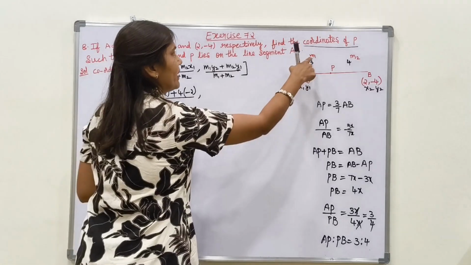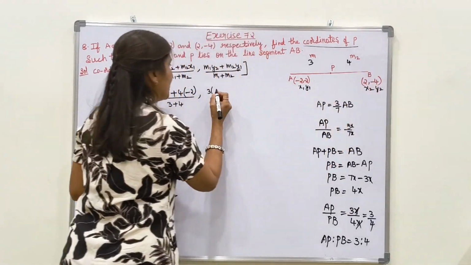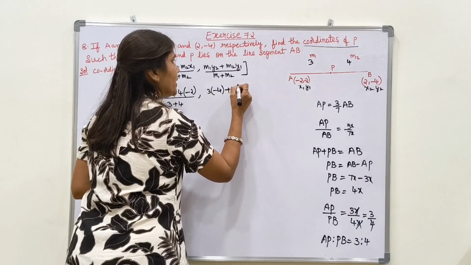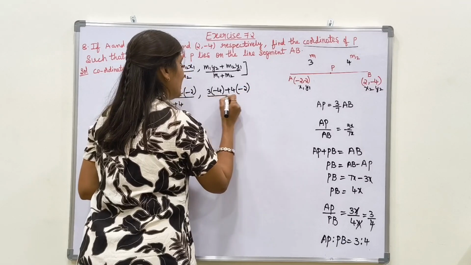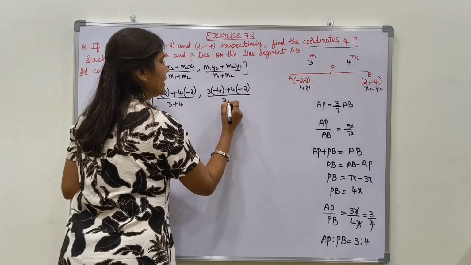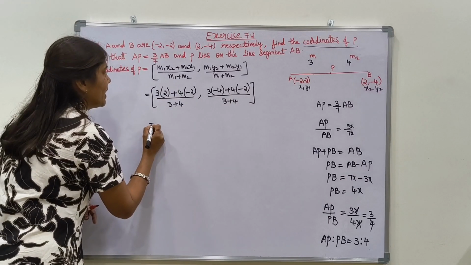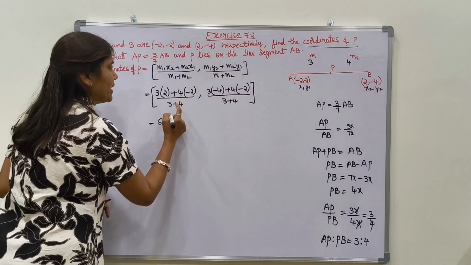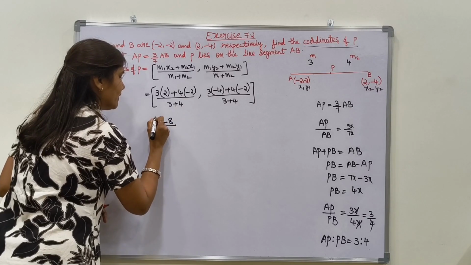Next, m1 means 3 into y2 means minus 4, plus m2 means 4 into y1 means minus 2, divided by m1 plus m2 means 3 plus 4. Now simplify this one. 3 into 6, plus into minus, minus 4 into 8, divided by 3 plus 4, 7.